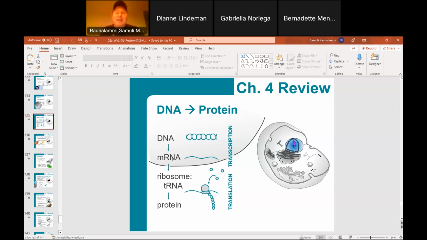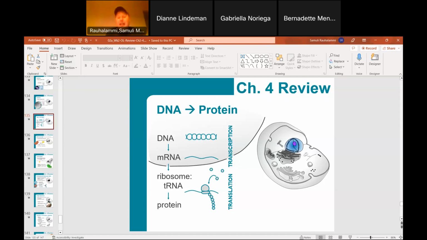RNA is almost like a photocopy of the section of the DNA that you were curious about. This process of making a copy of a section of DNA is called transcription.